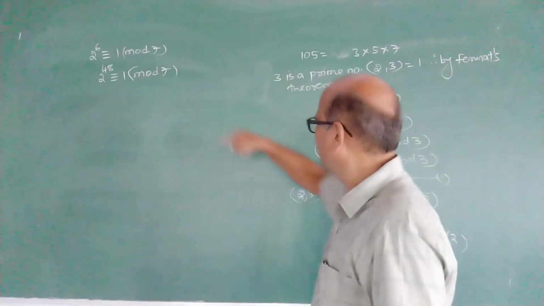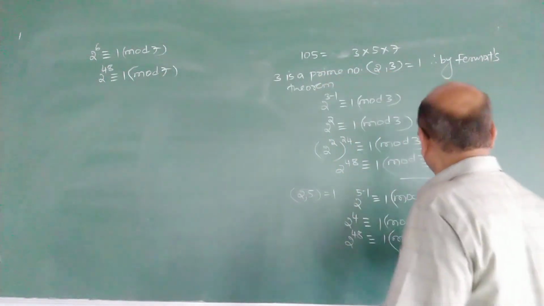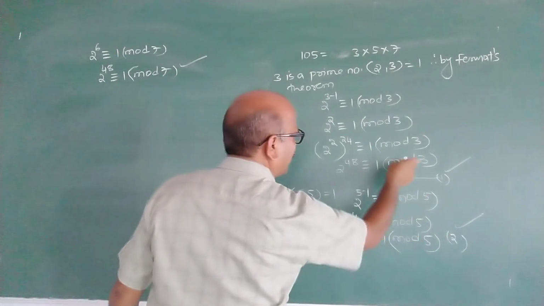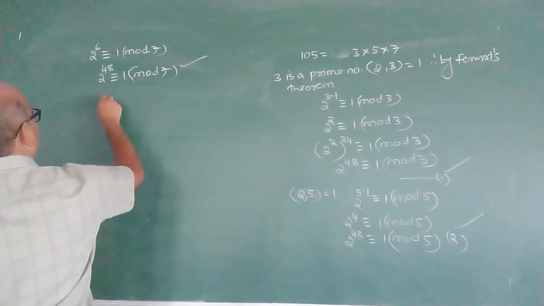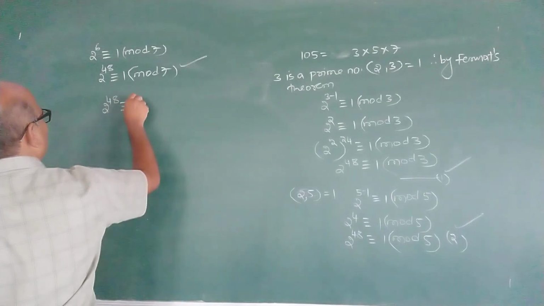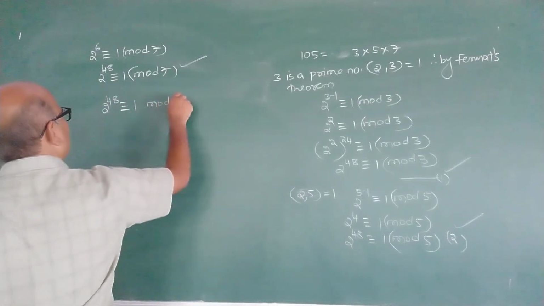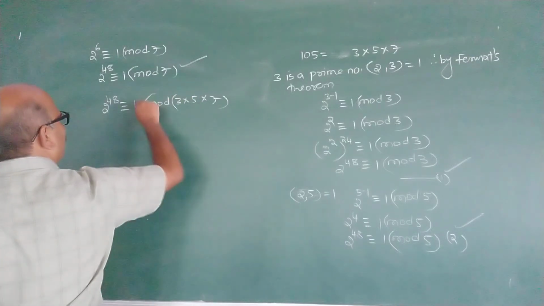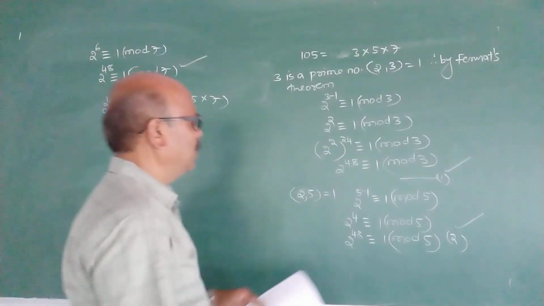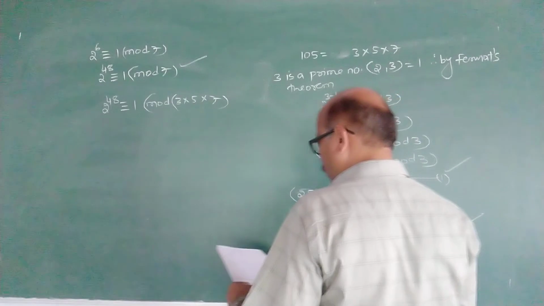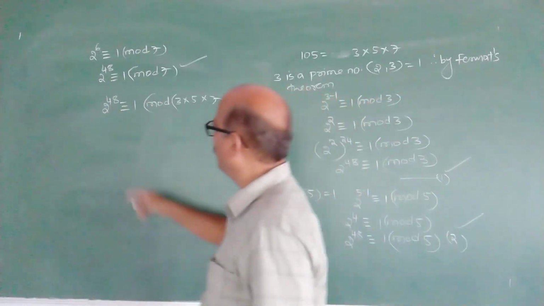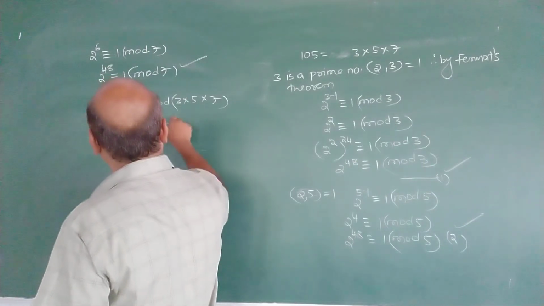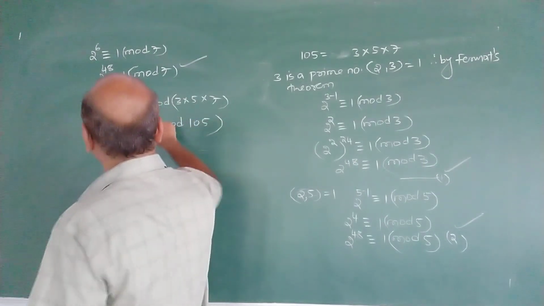Now see the 3 results here: 1, 2, 3. But these 3, 5, 7 are relatively prime. Therefore, 2 raised to 48 is congruent to 1 mod 3 into 5 into 7. Therefore, 2 raised to 48 is congruent to 1 mod 105. This is the result.